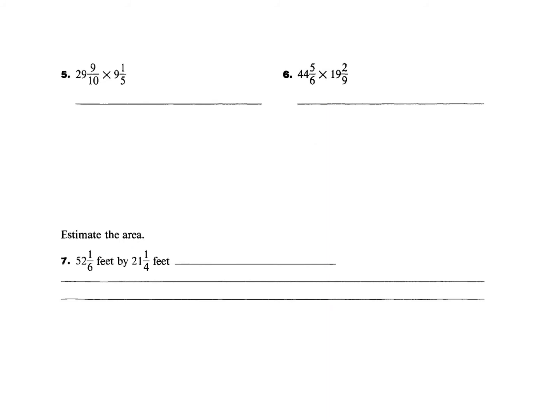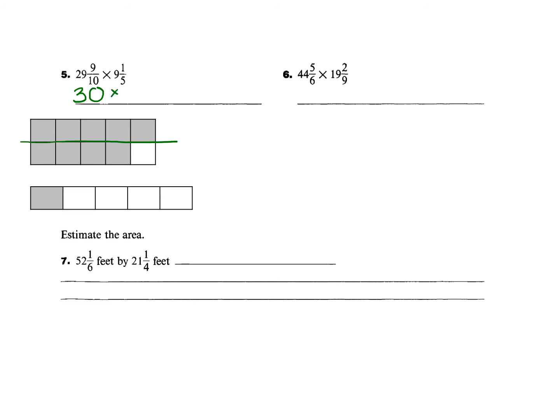Question number 5. 29 9/10 times 9 1/5. All right, so this is 9/10. And obviously half would be here. And this is clearly over half. So this would round to 30. And 9 1/5, half would be here.